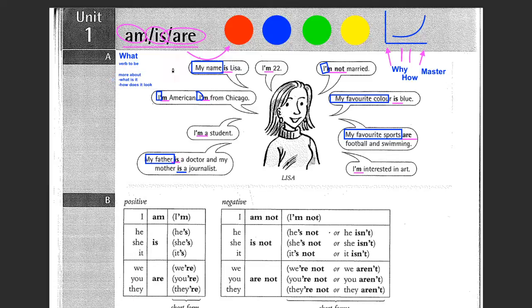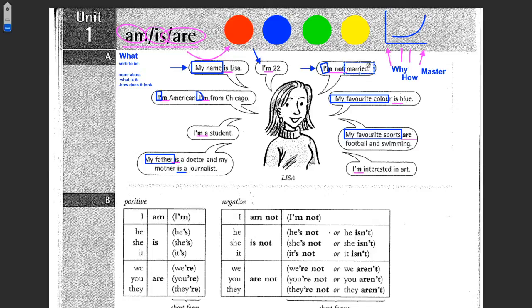For example, sentence number one, my name is Lisa. This sentence is telling you what the name is. The name is about Lisa. And more about I: I am 22, which is telling you how old he is. And this part is telling you more about the status of a person.